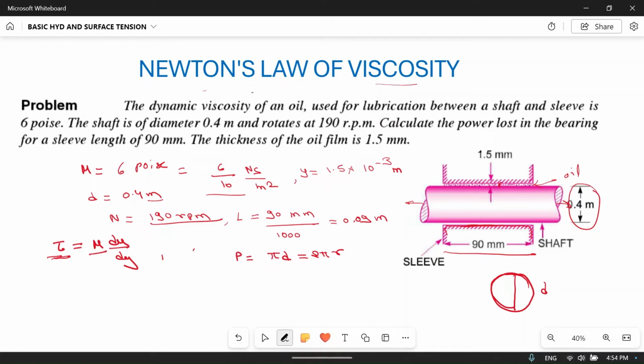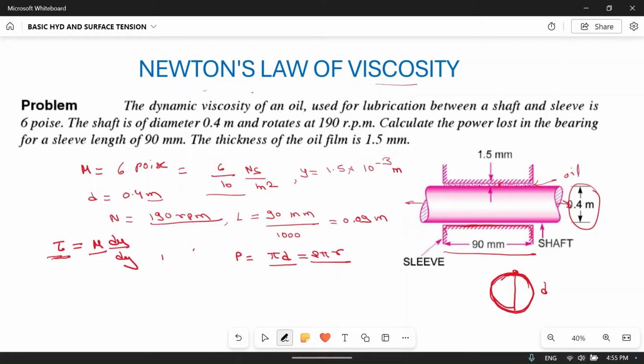Suppose this is a point tangential on the outer surface of this shaft. So what will be the speed of this point? In one revolution, this point will travel one cycle, 2 pi r distance or pi d distance. If the shaft rotates one time, then this point travels pi d distance.